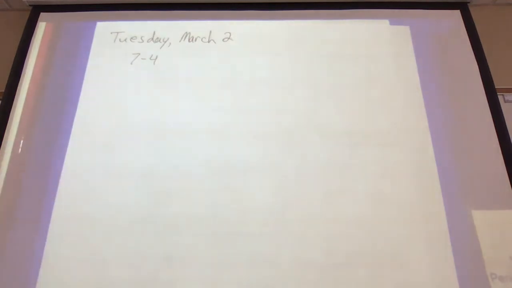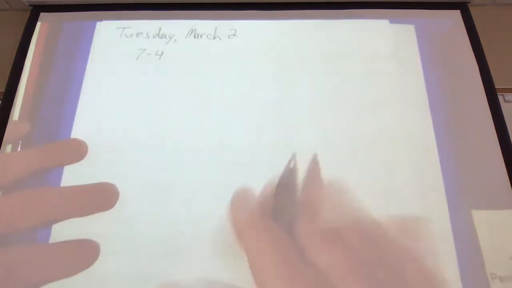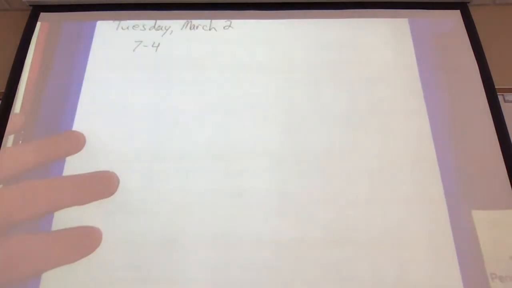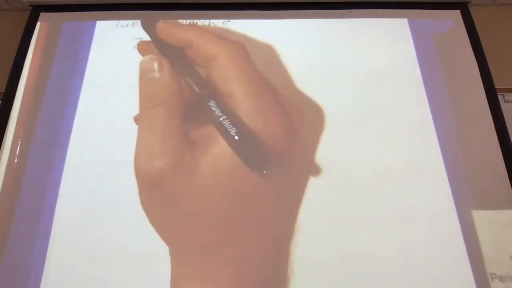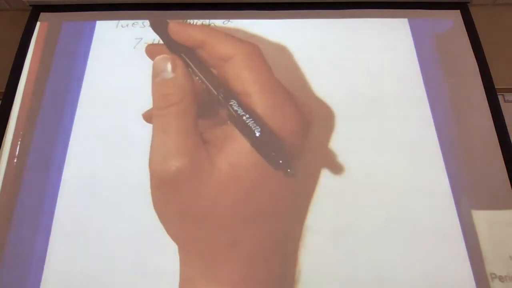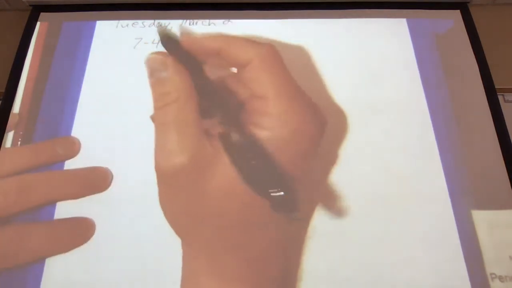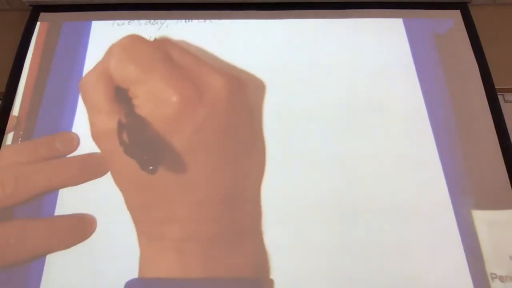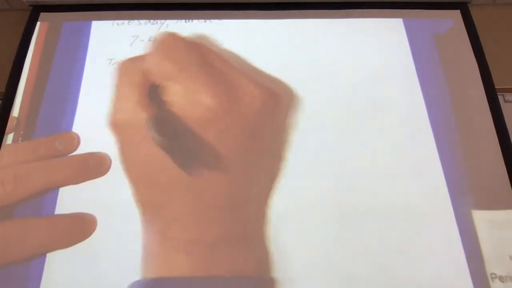All right, section 4. We're going to start off with something new, and then we'll go back to what you did on that GeoGebra yesterday. I think we have 2 theorems here in section 4. Yes, just 2. The first one is called the triangle proportionality theorem.